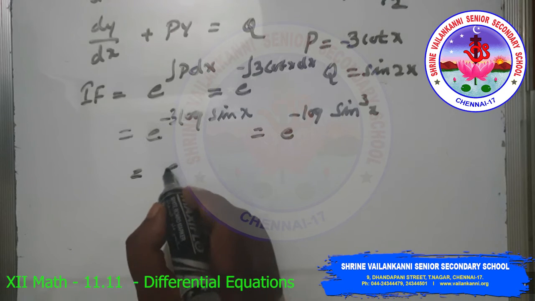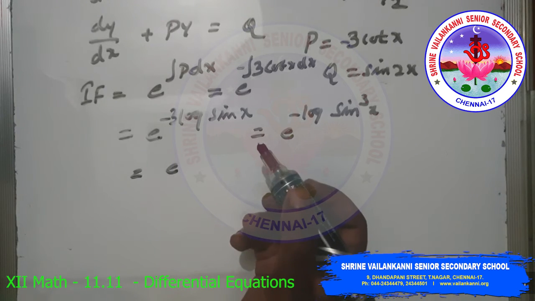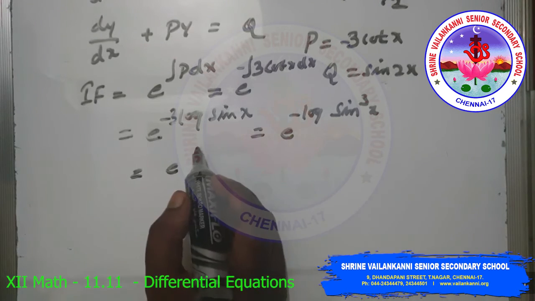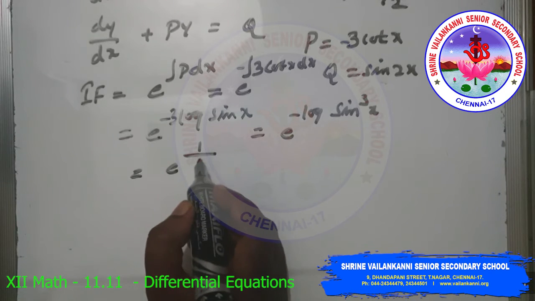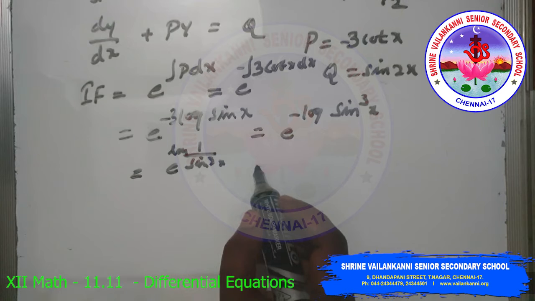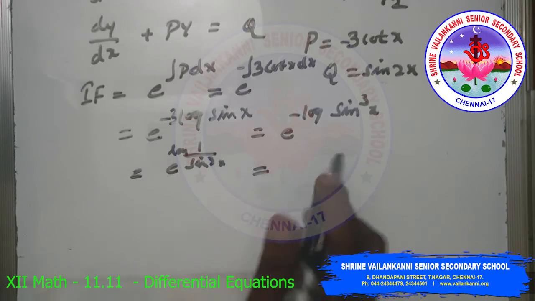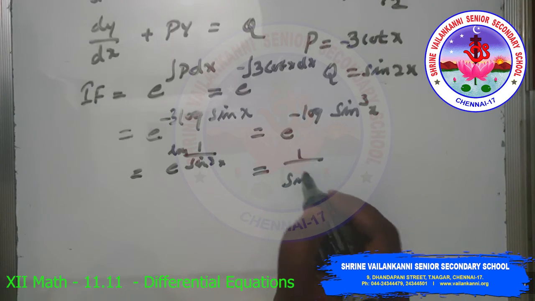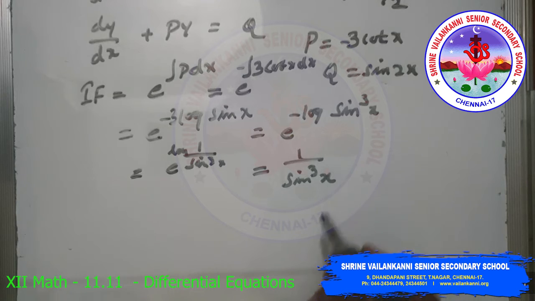So minus of log sin cube x, we can write this as e to the power of log of 1 by sin cube x, which is equal to 1 by sin cube x.